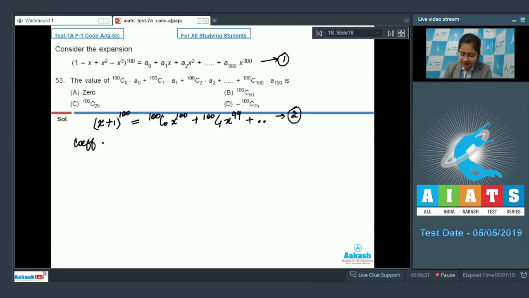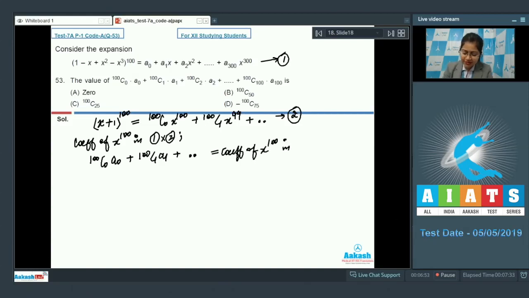So let's find the coefficient of x raised to the power 100 in equation 1 multiplied with equation 2. So we will get the value of 100c0 into a0 plus 100c1 into a1 and so on. This is equal to the coefficient of x raised to the power 100 in, as we can see that this can be written as (1 minus x) into (1 plus x square) raised to the power 100.